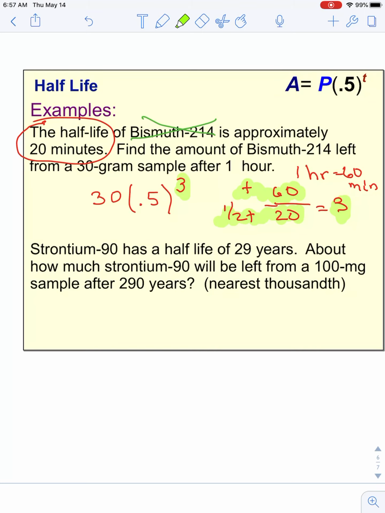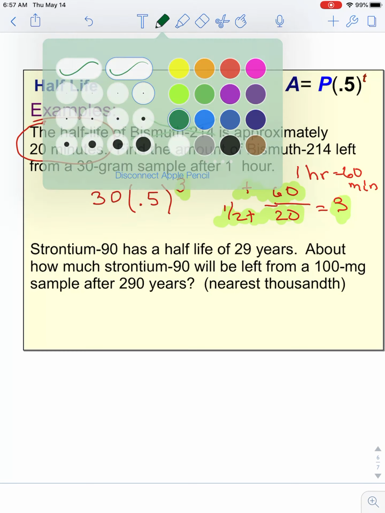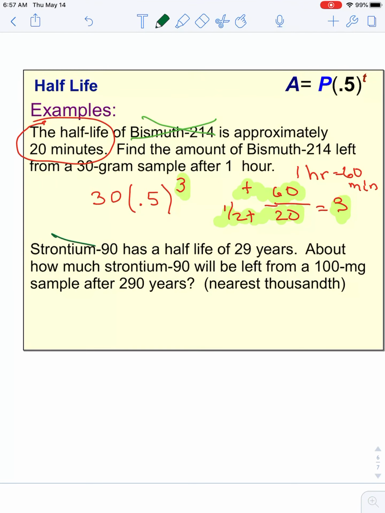All right, so now we have a next question. It says strontium 90 has a half-life of 29 years. That's just the compound. We don't need to enter any of that into our equation. About how much strontium 90 will be left from a 100 milligram sample after 290 years, round to the nearest thousandth. Okay, so we know the half-life is 29 years.